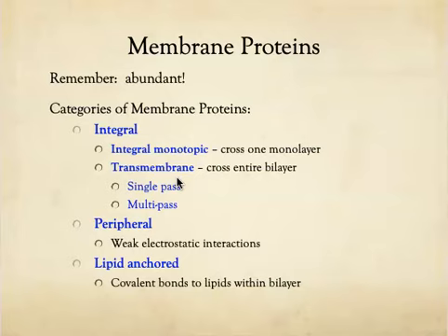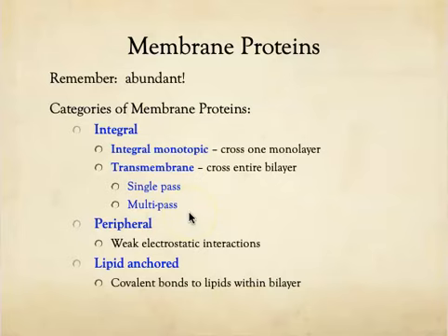That's called a single pass membrane protein. But remember, proteins are amazingly complex in their size and shape, and some transmembrane proteins will actually turn around and cross the membrane more than once. Those are called multipass transmembrane proteins.